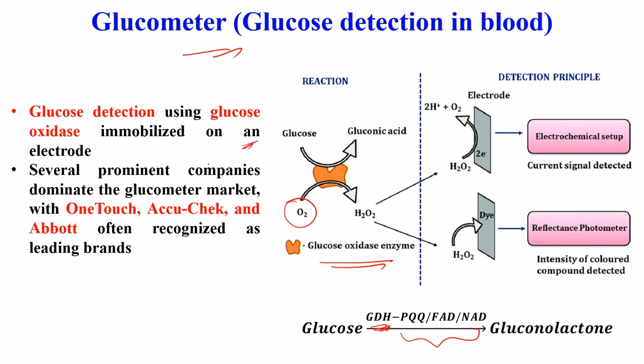So, this enzyme is immobilized on an electrode, and once glucose is converted to gluconic acid, parallelly oxygen is converted to H2O2, and that can be detected either by electrochemical method or the reflectance photometer. And there are many leading brands like One Touch, AccuCheck and Abbott which are producing glucometers in the market.